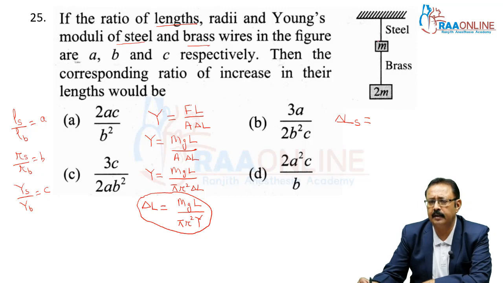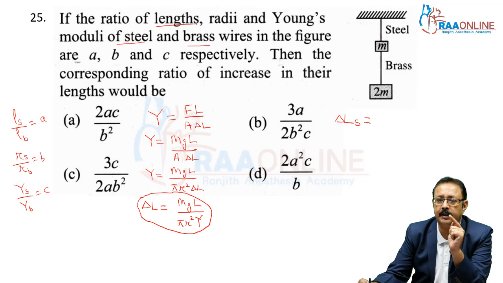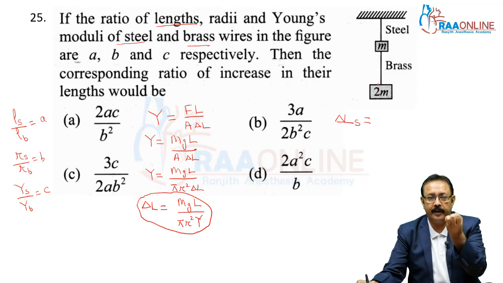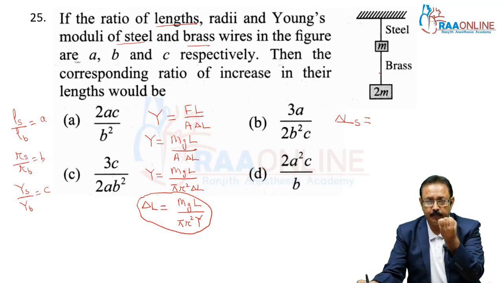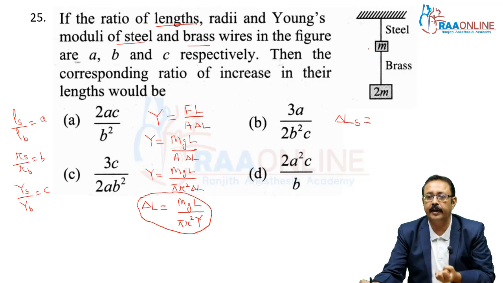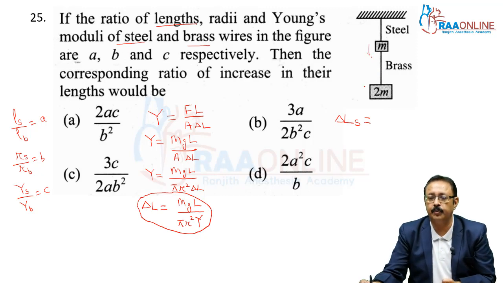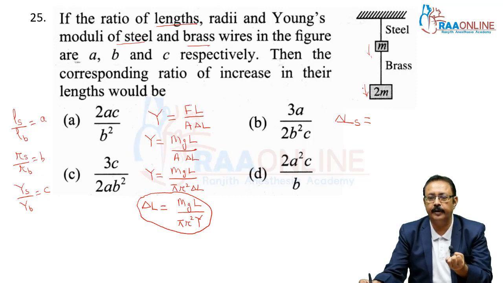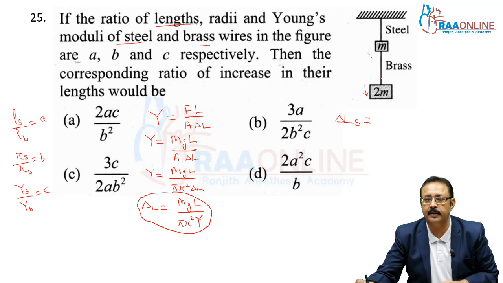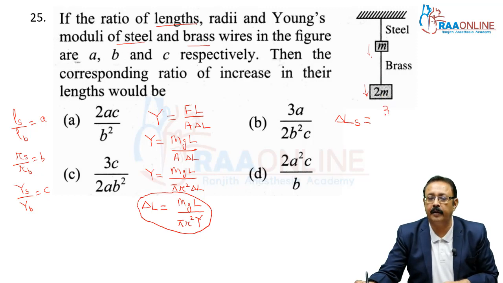The mass or weight responsible for increasing the length of steel is not only m. 2m is also pulling the wire in a downward direction. This m plus this 2m both pull the steel wire downward. So the mass responsible is 2m and m, that is 3m.